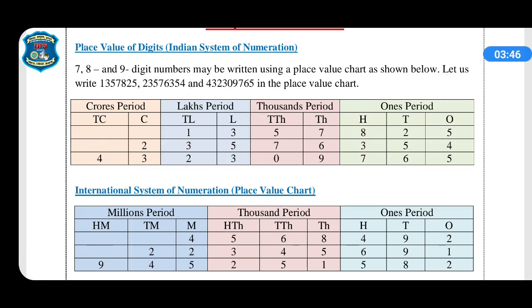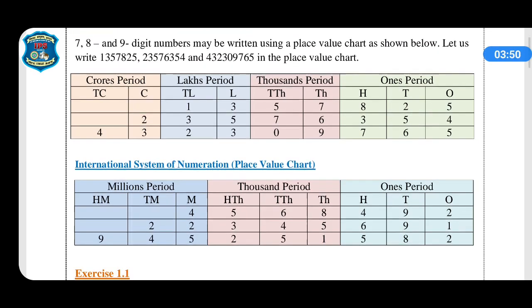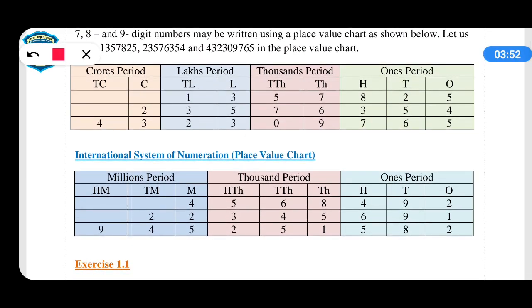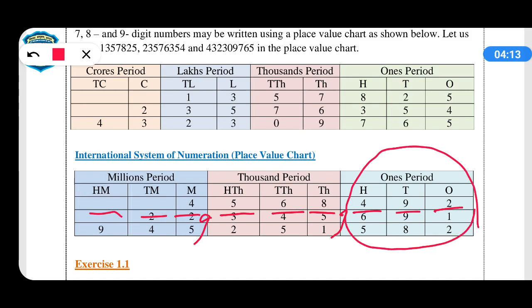And when you write a number according to the international system of numeration, you have to put commas like this: ones, tens, hundred, then comma, then thousand, 10,000, 100,000, then comma, then million, 10 million, 100 million, right? So this will be ones period.